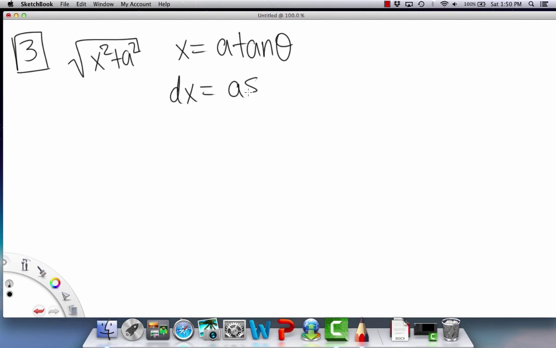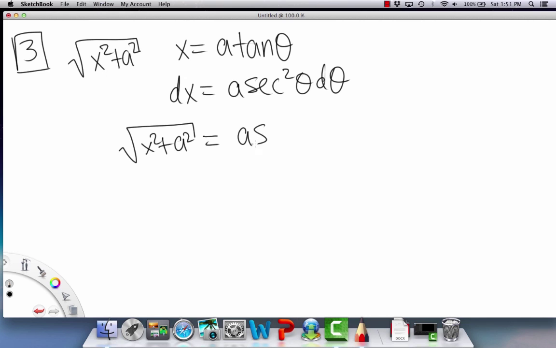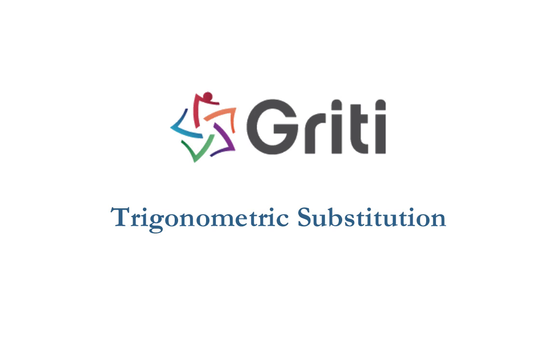Our dx will be a secant squared theta d theta, right? And then our square root part will be, so the square root of x squared plus a squared equals a secant theta. Okay? So this will work the same way as the previous 2. So we don't need to worry about that too much.